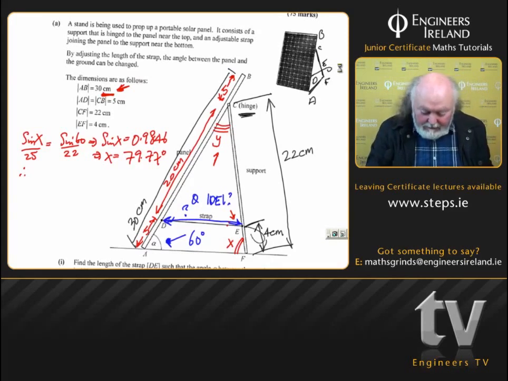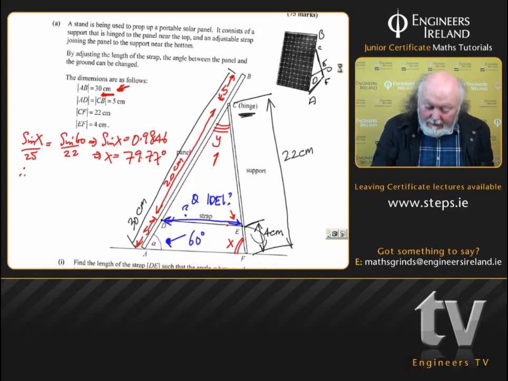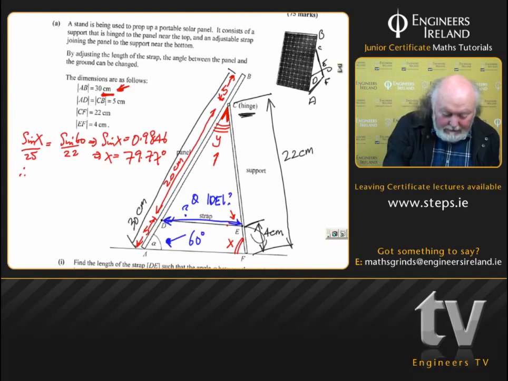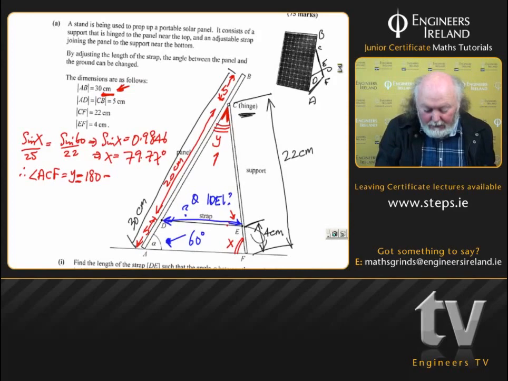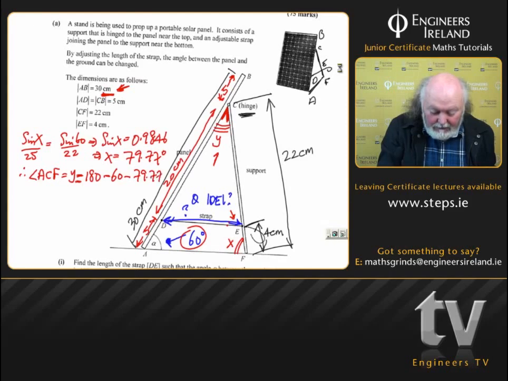So that means the angle A up to C and down to F, which we've named Y, is 180 minus, and we already knew we had a 60 down here, and minus 79.77 degrees.